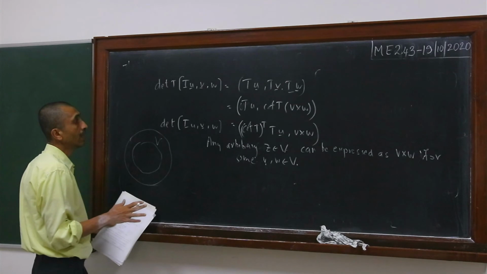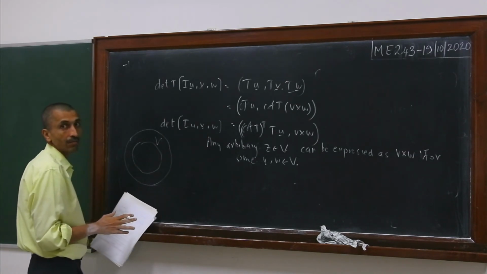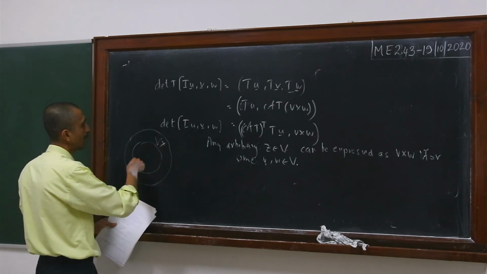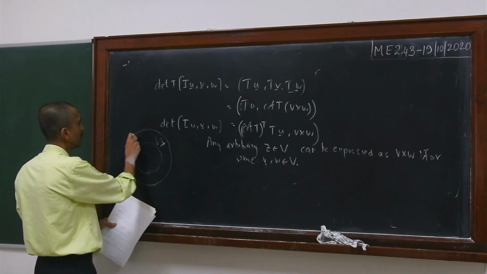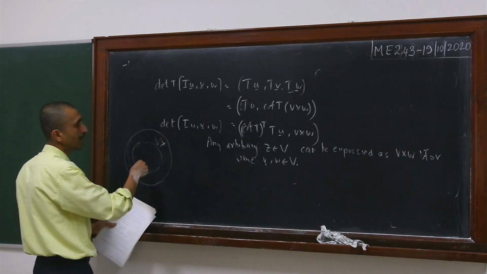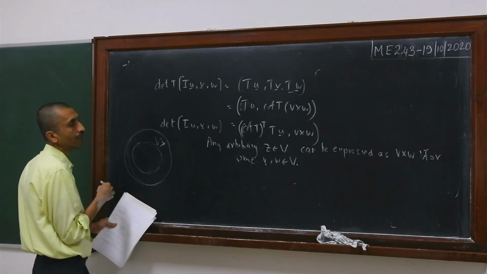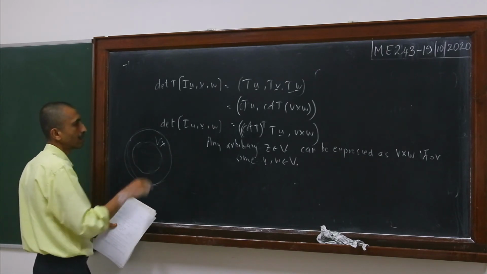Then we cannot replace this V cross W here by an arbitrary vector, but it turns out that actually any vector Z can be expressed as V cross W. So basically the set of all vectors that is spanned by V cross W is the same as the space of vectors itself. So this result is very important here.